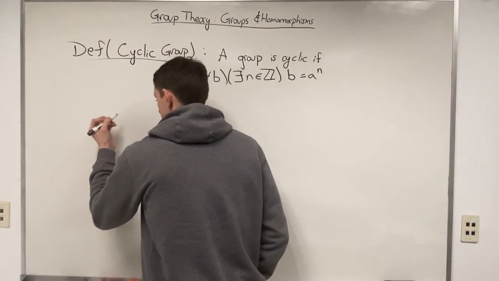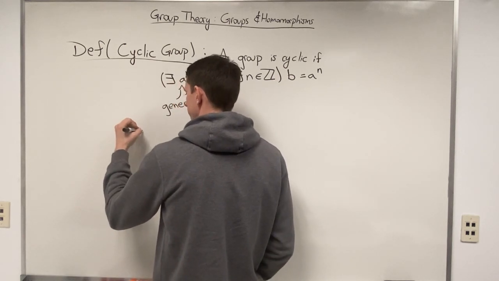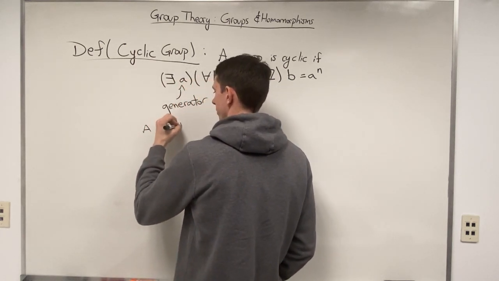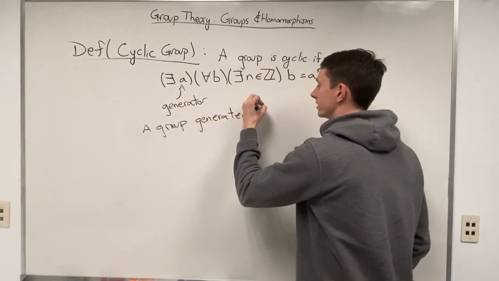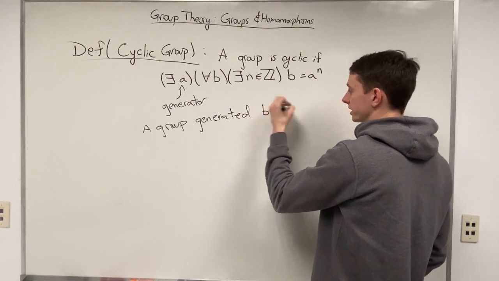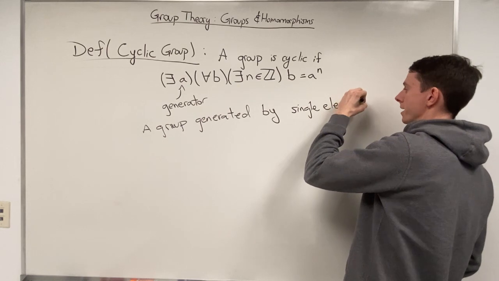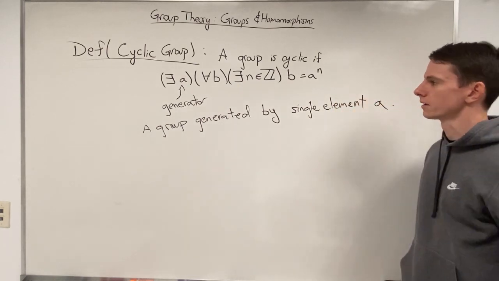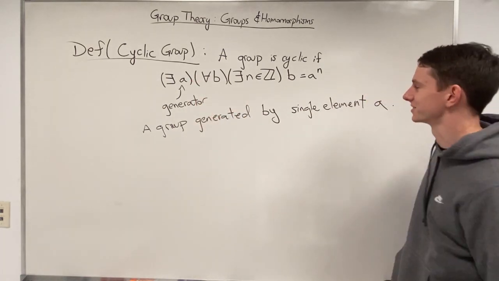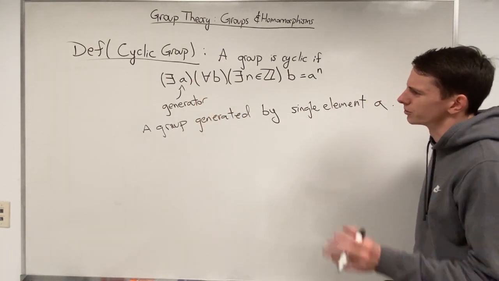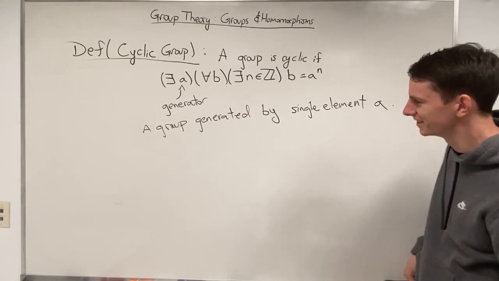So maybe let's just write this: for part of the intuition, a cyclic group is a group generated by a single element, which I'm going to call A. And it's generated by the generator, hence the terminology. So we might say, okay, it's this group generated by a single element. What does that mean?